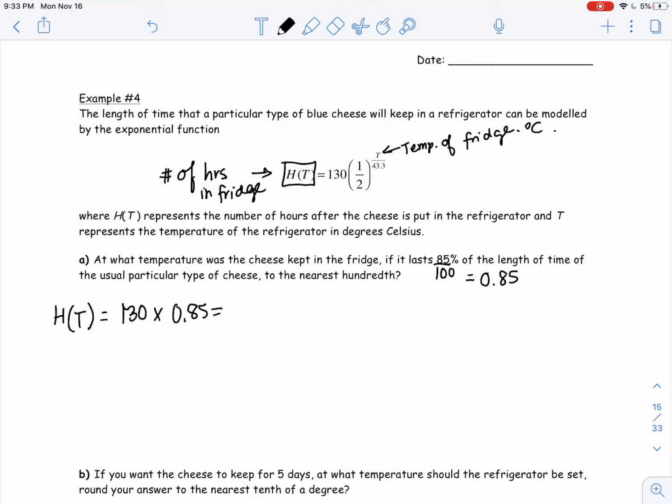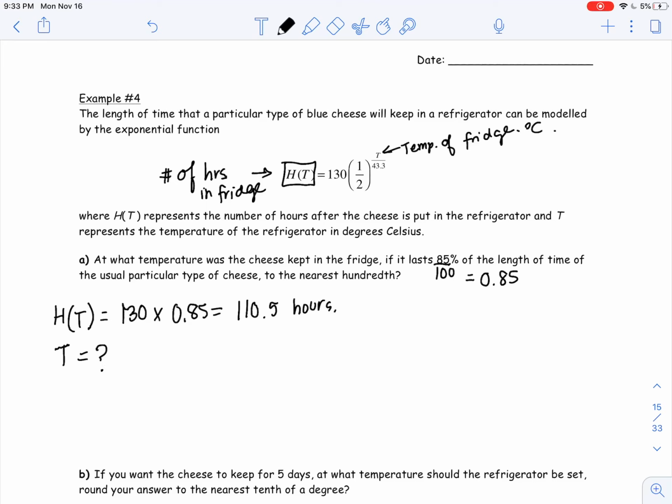Okay, so in your calculator, put 130 multiplied by 0.85. You should get that it's going to take 110.5 hours. Okay, so that's how long it's going to be in the fridge.